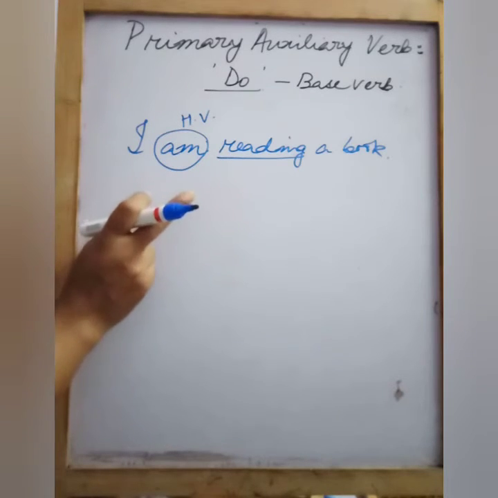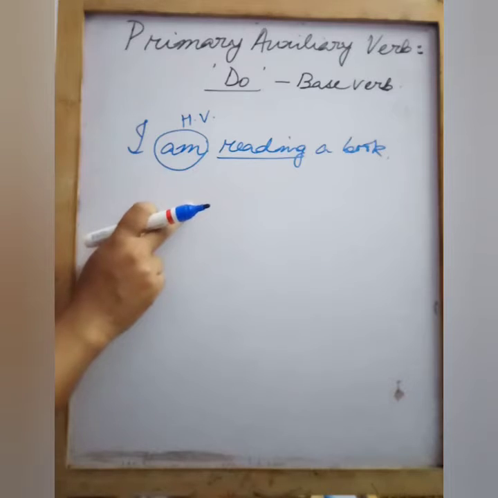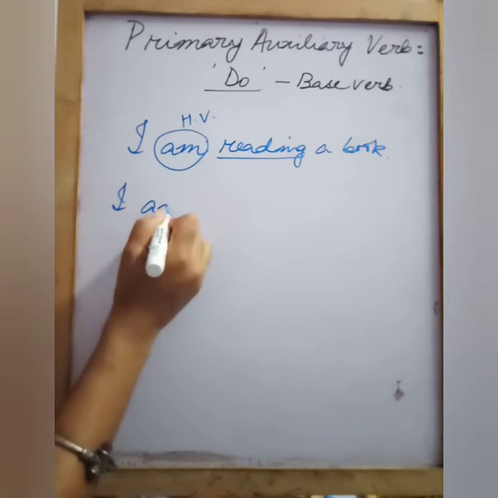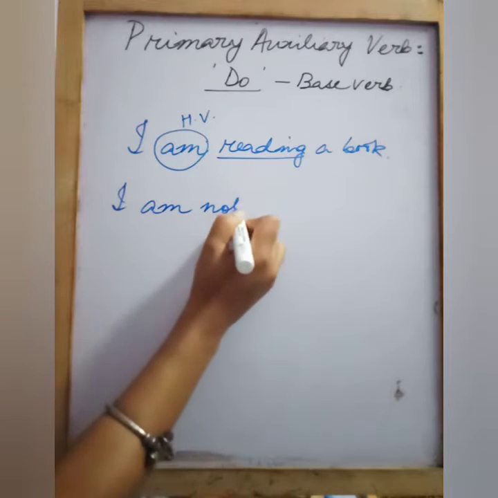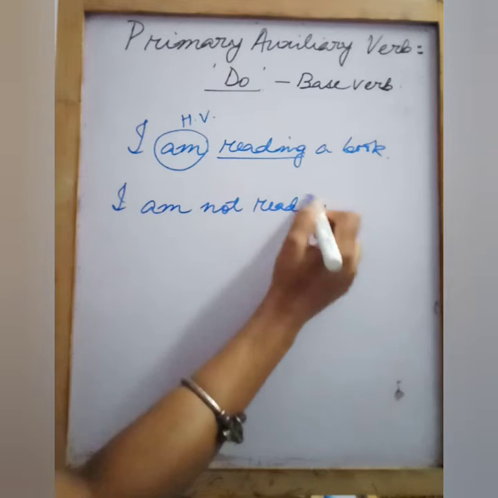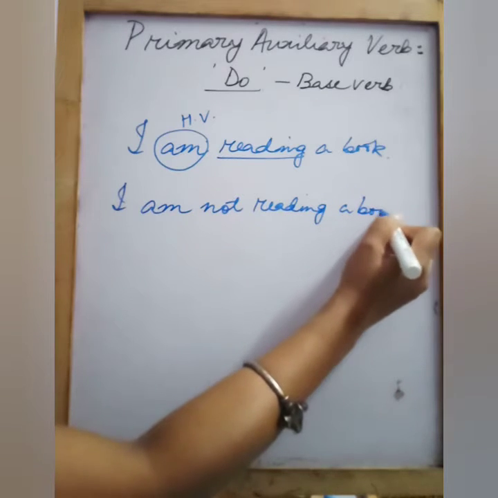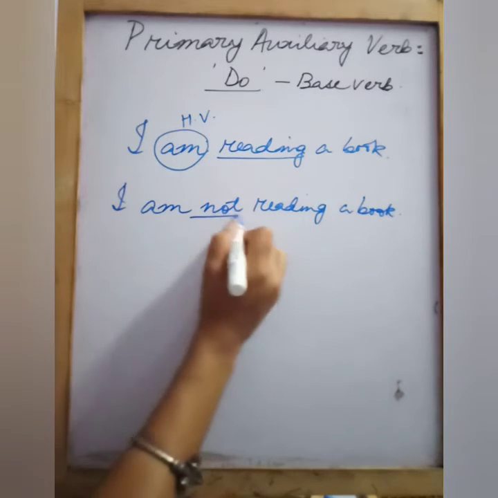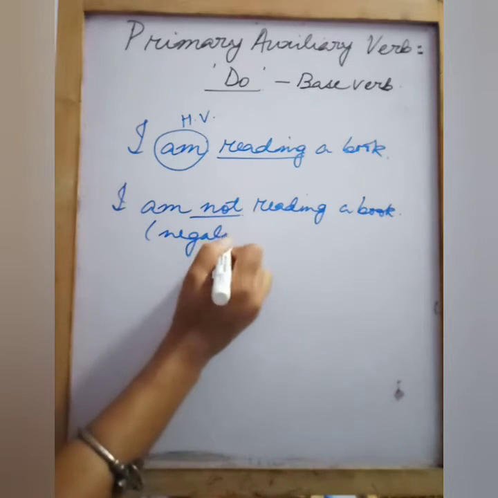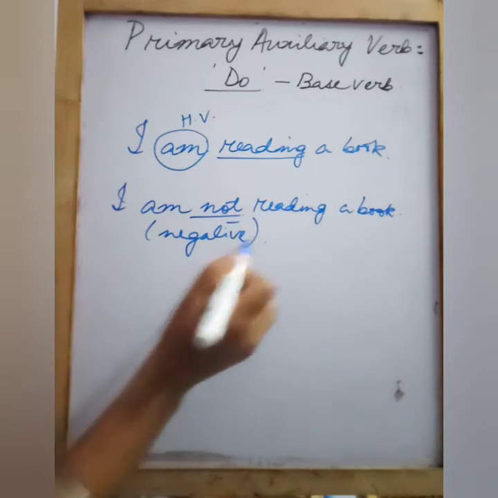Now suppose I want to change this sentence into a negative one. What will I do? I will write, I am not reading a book. Fine. As soon as I add this word not, it becomes a negative sentence. Isn't it?